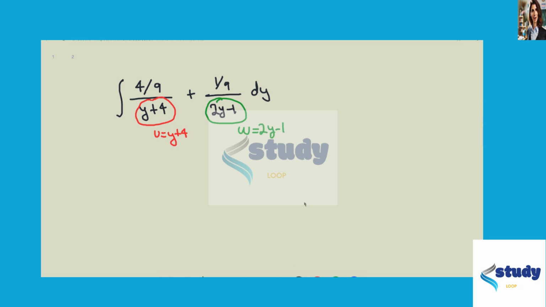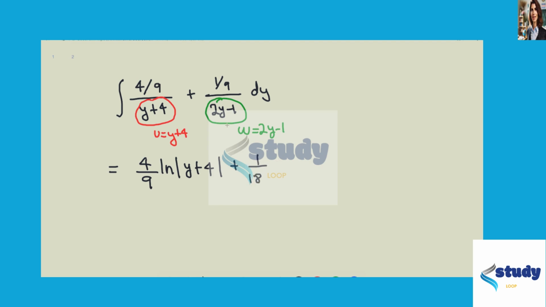In either case, after evaluating these integrals, the first one becomes 4 over 9, natural log, absolute value of y plus 4. And for the second one, we'll have 1 over 18.